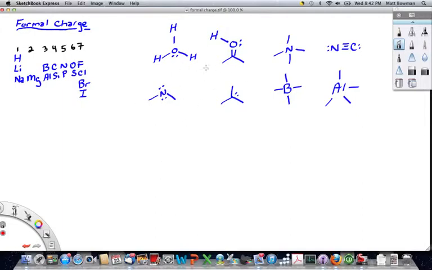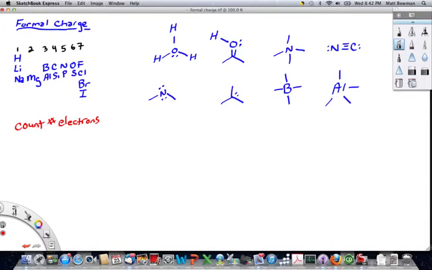First of all is the official way. What you do is you count the number of electrons, but when you're counting number of electrons, it's different from when you count in terms of octet.